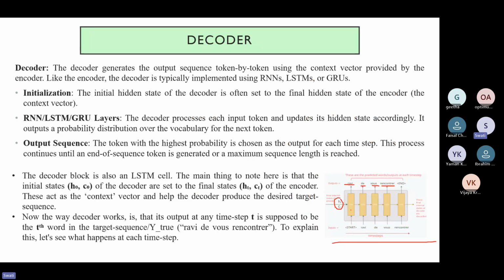Then it again consists of LSTM cells. Maybe this picture is not very visible, but these are also LSTM cells, like we have in the encoder. So when you pass this state, you have some initialization: we give some start input at the very beginning, and at the very end we have an end token as an output.